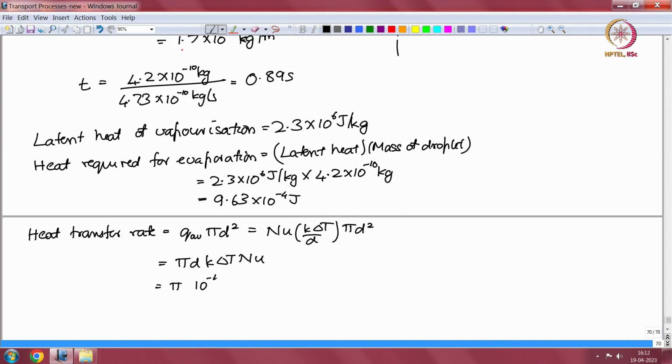10 power minus 4 meters is the diameter. Okay. The thermal conductivity is 2.8 into 10 power minus 2 watts per meter per degree centigrade. Okay. K delta T we do not know yet. That is what we have to calculate. How much temperature the gas has to be at. Into the Nusselt number, which is 3.01.